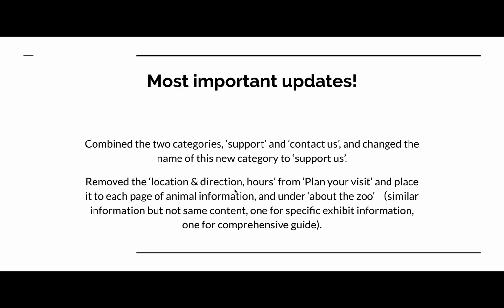And the most important update of the whole design process was that I combined the two categories, support and contact us, and changed the name of this new category to support us.